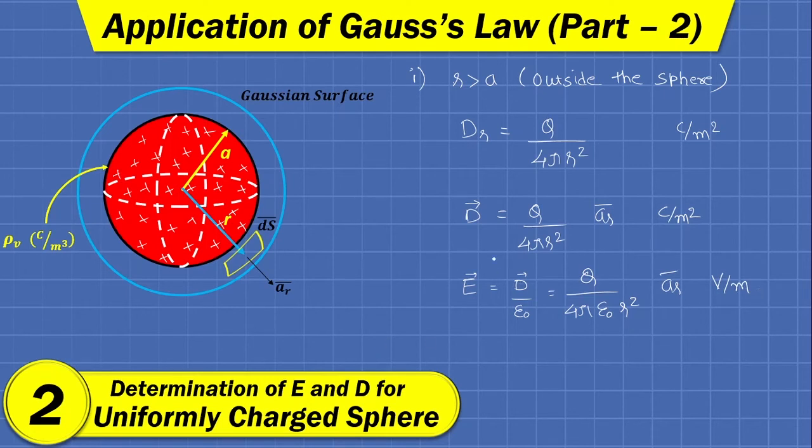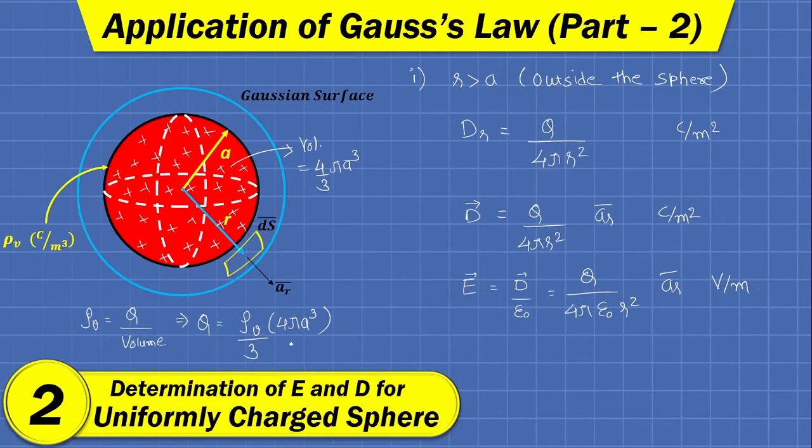Now, as we have done in the previous case, we can also write the value of q. Here rho v is nothing but total charge divided by total volume. The volume of this sphere with radius a can be written as 4 by 3 pi a cube, correct? So if we want to write q in terms of rho v, then q will be rho v into 4 pi a cube divided by 3.